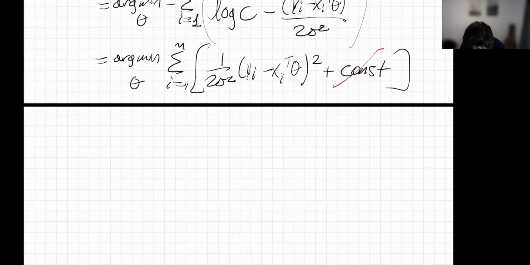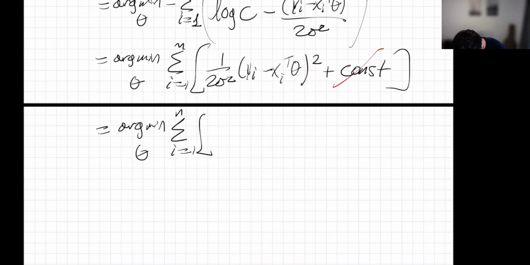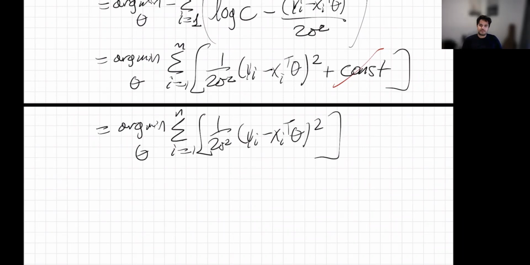And now we should be starting to realize something, which is where we were getting to all along: this is a least squares objective. That's what we're doing here. We're fitting a linear predictor, this theta.